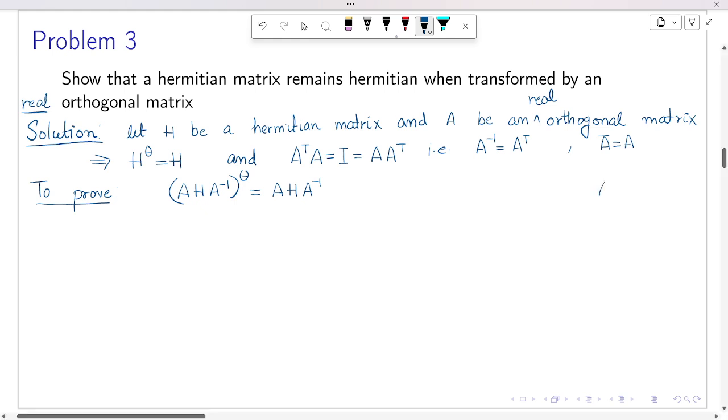Now we know the conjugate of AB is equal to B conjugate A conjugate. Similarly, we can extend this result as the conjugate of ABC is equal to C conjugate, B conjugate, and A conjugate.